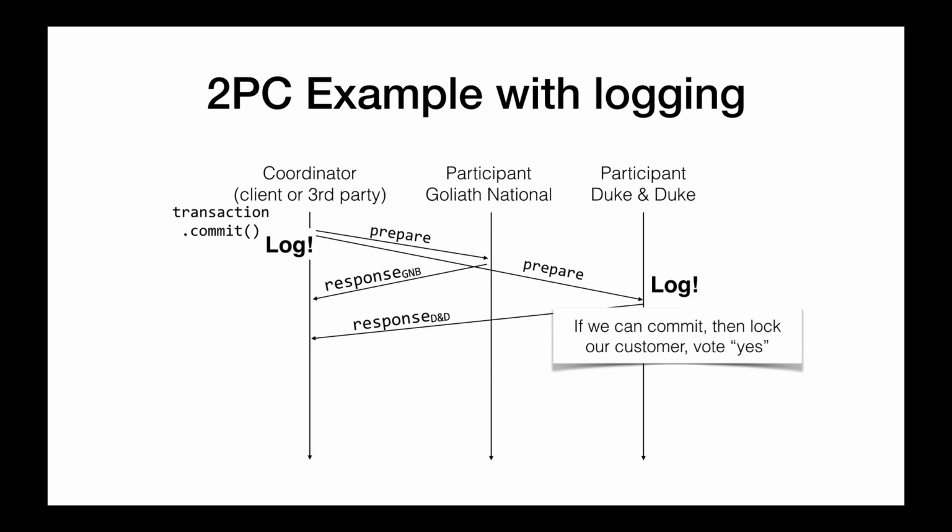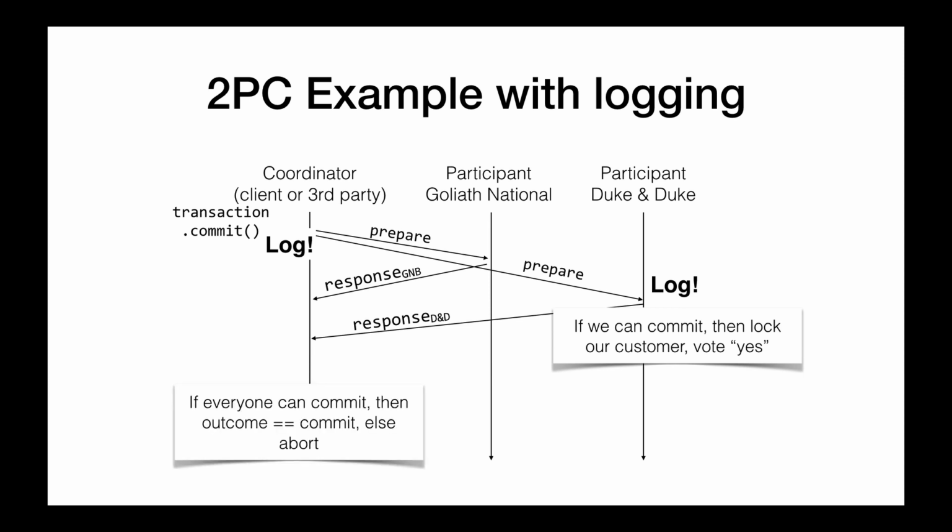We send our responses back. The coordinator gets those responses, and each one of those responses is being logged also. And then when the final outcome is decided, the final outcome gets logged also, and then we send that out. Of course, then each one of the participants has to log those final outcomes too. So every phase of this protocol, everywhere where there's a chance for communication, those messages have to be logged.